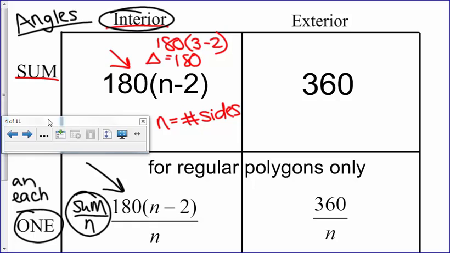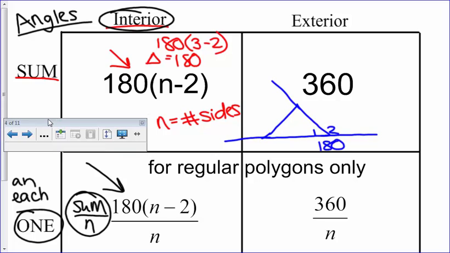Now, we can talk about exterior angles. For instance, on the outside of a triangle, these would be the exterior angles. They're connected. Interior and exterior should always add up to equal 180 because they are on a straight line. You will always see that the sum of the exterior angles will be 360.